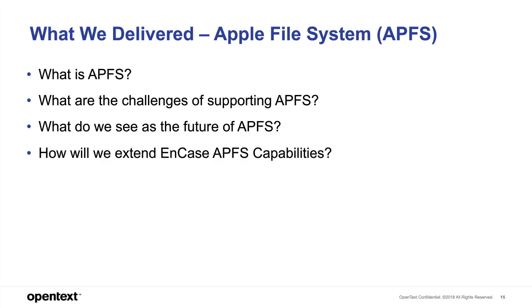This is Apple's latest file system. It was released along with High Sierra macOS, and it's quite different from anything else you will see. We support acquisition using Tableau and EnCase, snapshot and parsing, the exception being encryption, which we're working on currently, and will be adding support in the coming releases of EnCase.